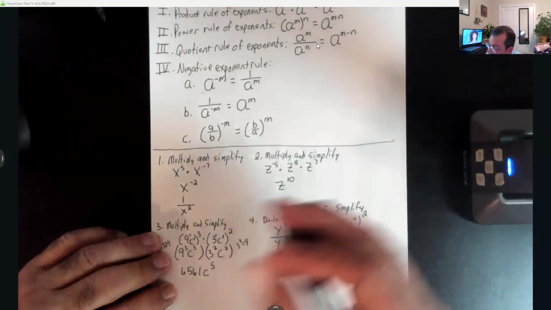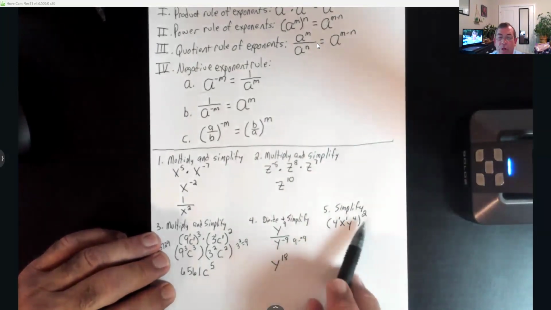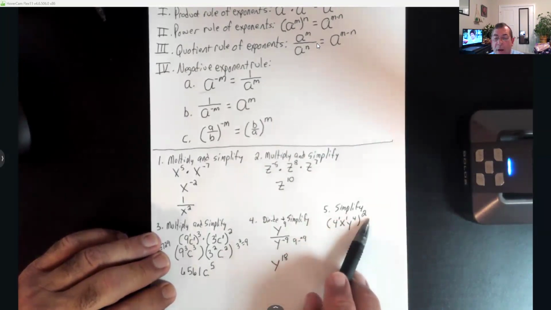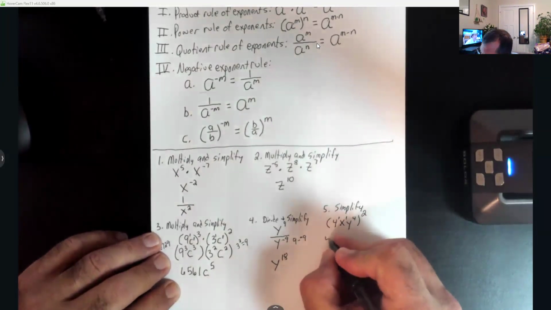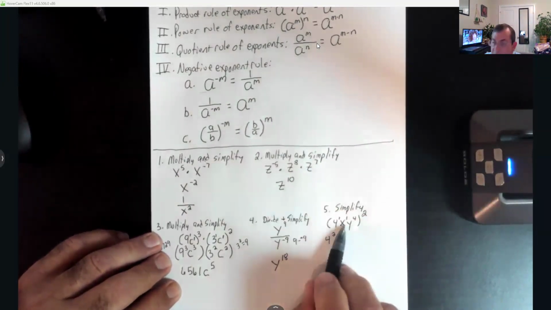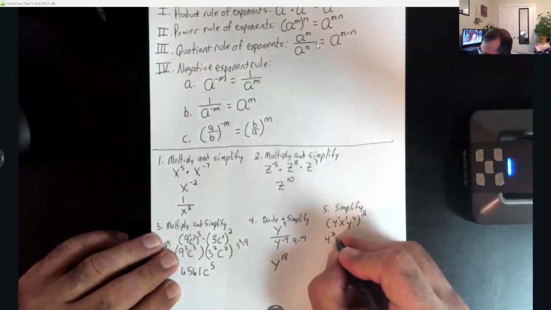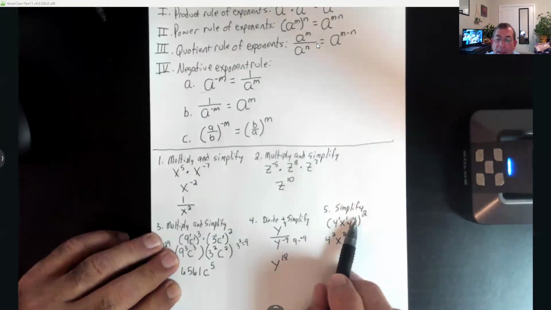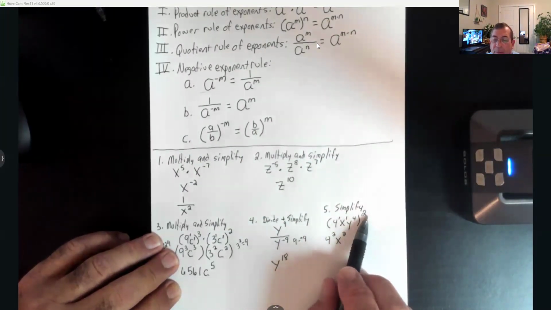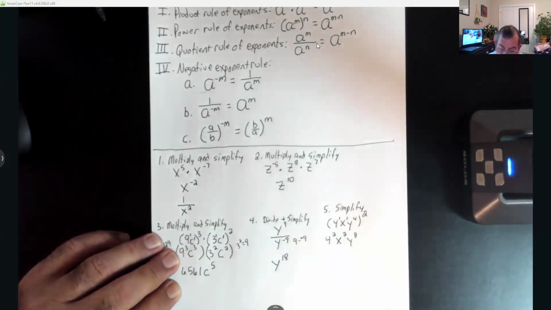The 4 and the x don't have exponents, so we would treat those like ones. So we got 4 to the first squared. Well, 1 times 2 gives me 4 squared. The x has exponent 1 times 2, so that's going to give us x squared. And y'all, the y has exponent 4 times 2, so that'll give me y to the 8th.